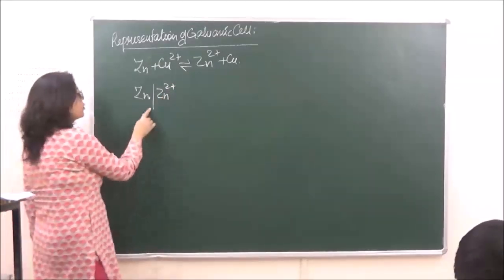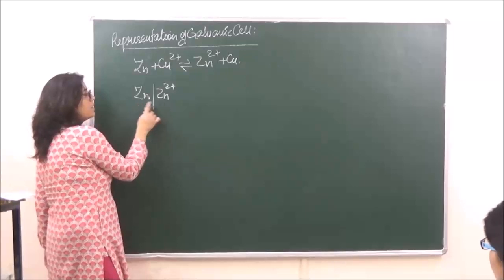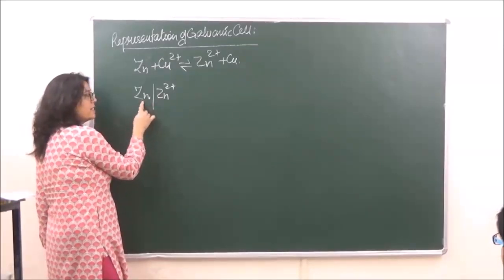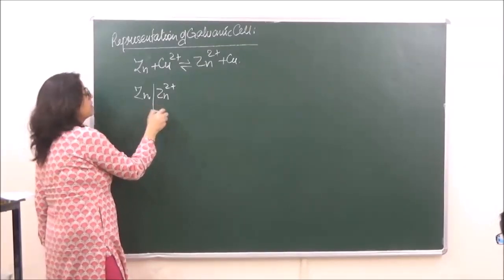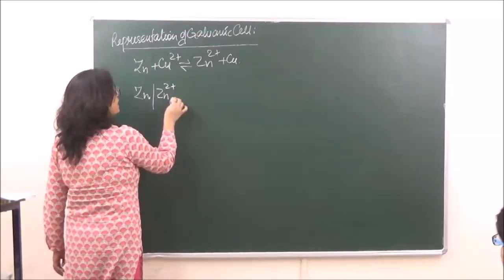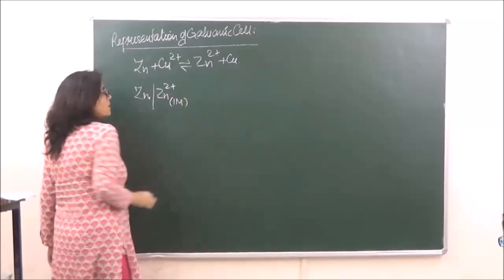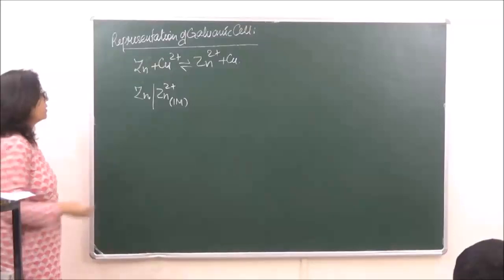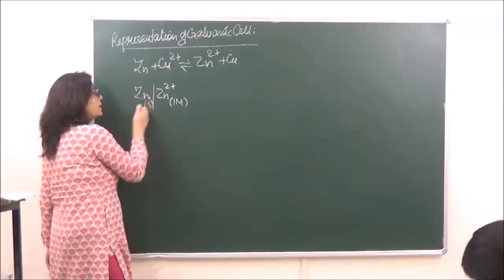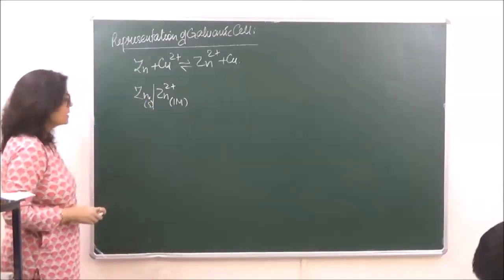Okay, this slash over here, that represents that Zn is being converted to Zn2+, and over here we write down the concentration. Let's say we are taking 1 molar and zinc over here, that is written in solid state. Okay?